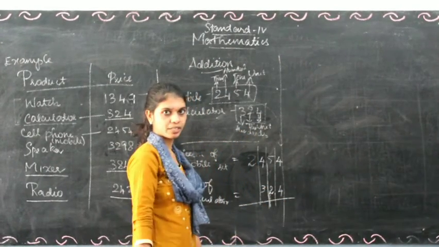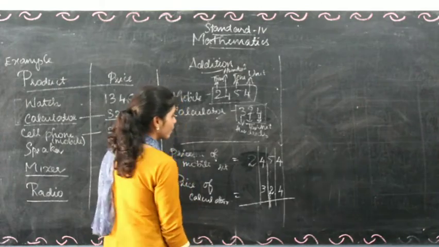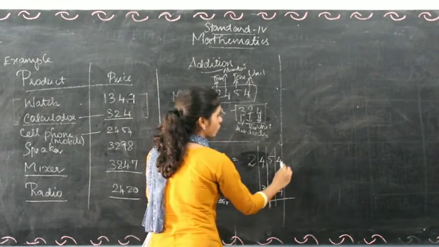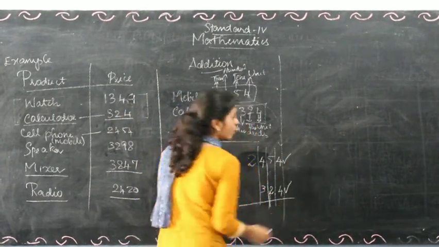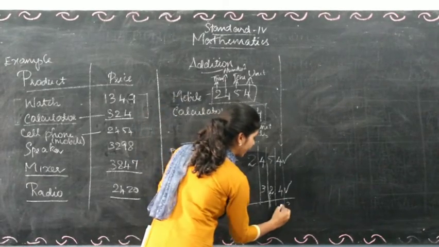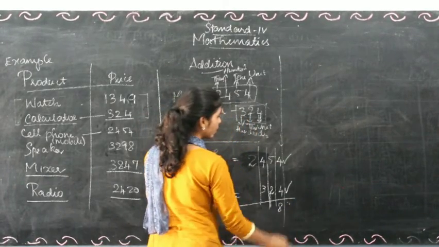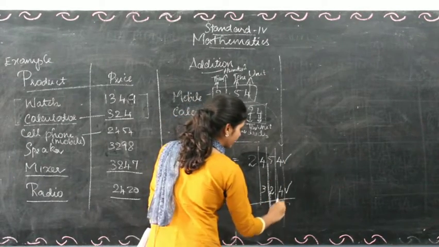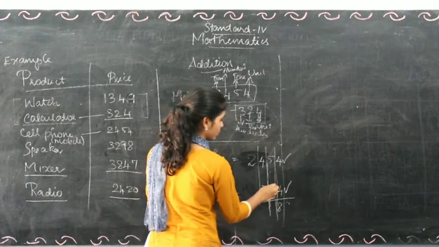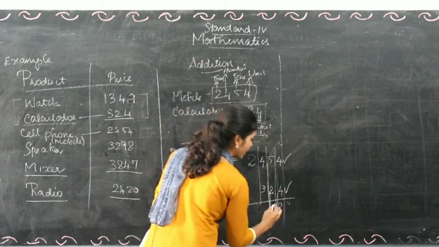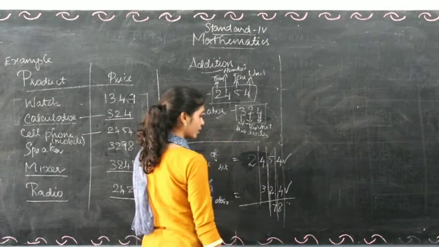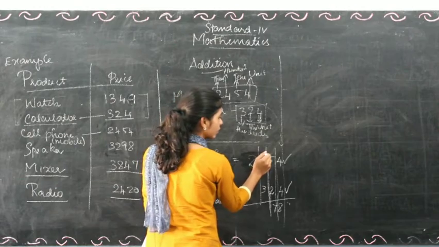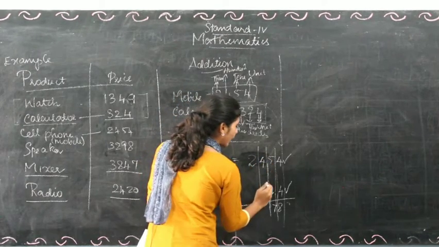Now normally in addition, we'll add the units first. So adding 4 and 4. 4 plus 4 will be 8. And then adding digits in the tens place. 5 plus 2 will be 7. Then again adding the numbers in hundreds.